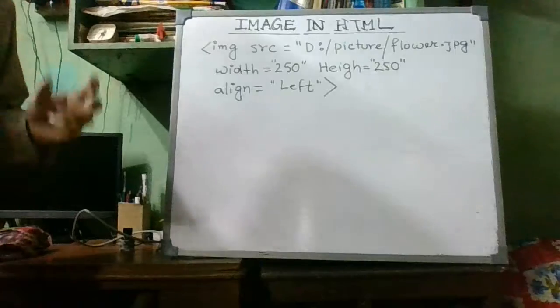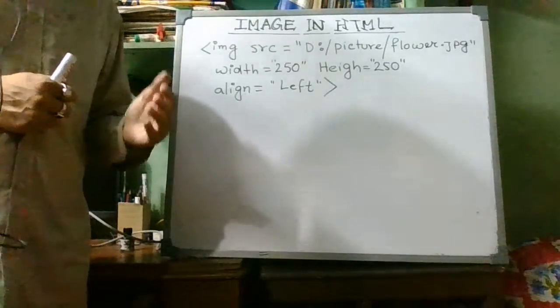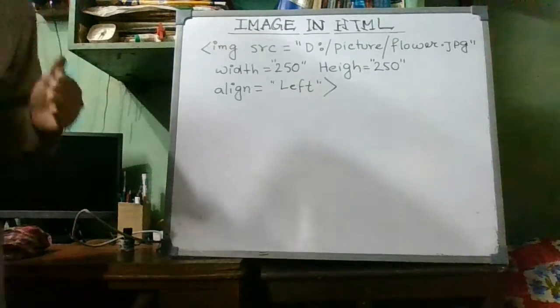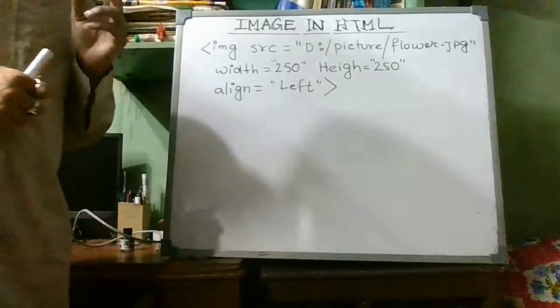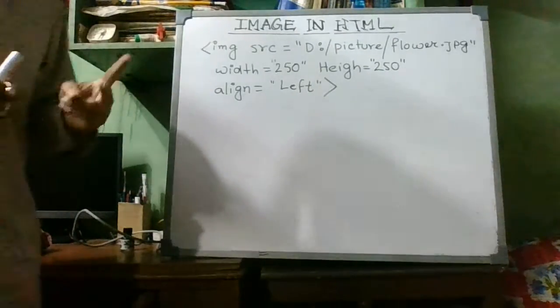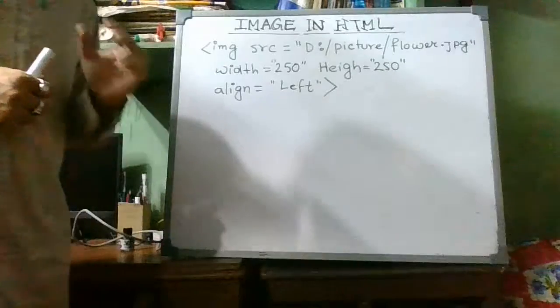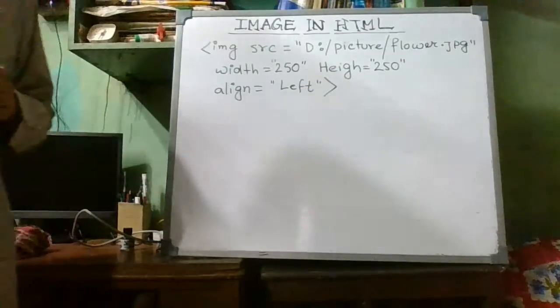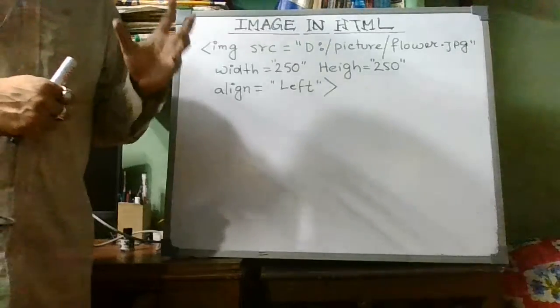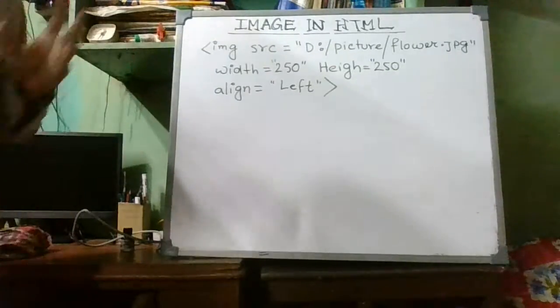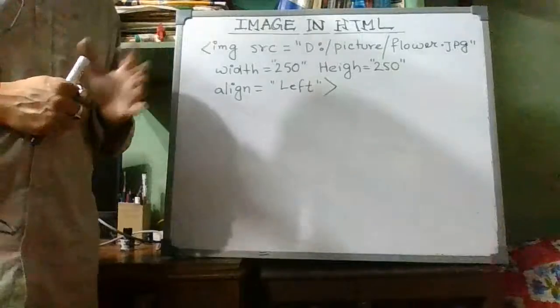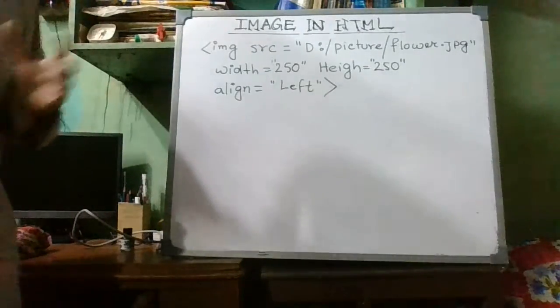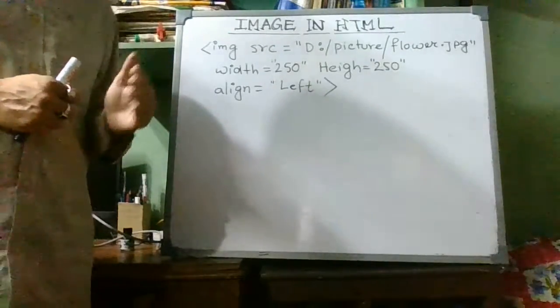I described that in one HTML document we have two parts, the head part and the body part. In the head part we can include title and heading. In the body part we can include table, list, image, hyperlink, etc. I described all these things in the last revision class.